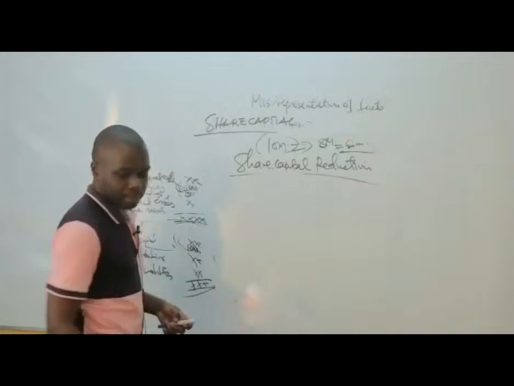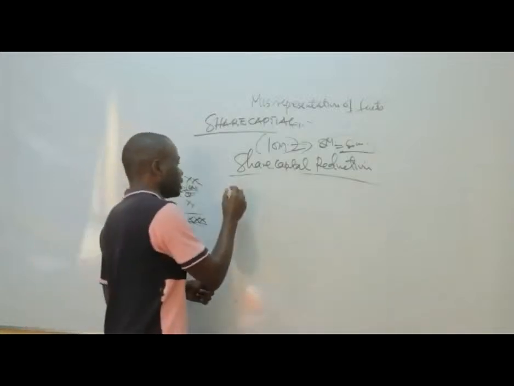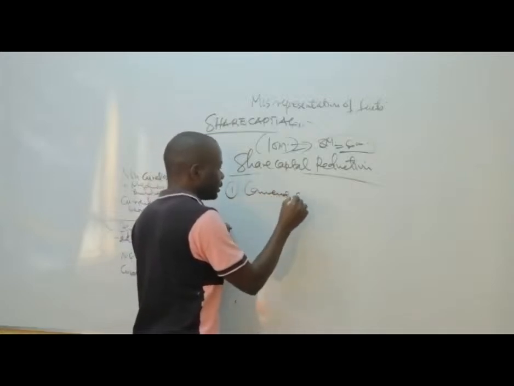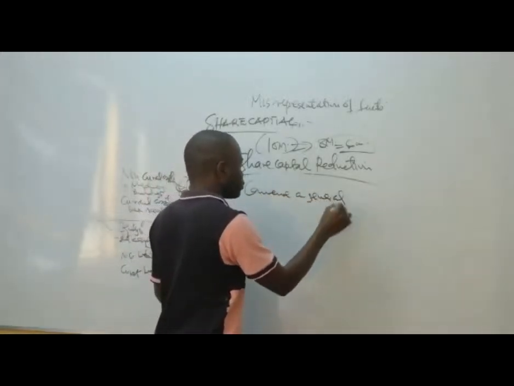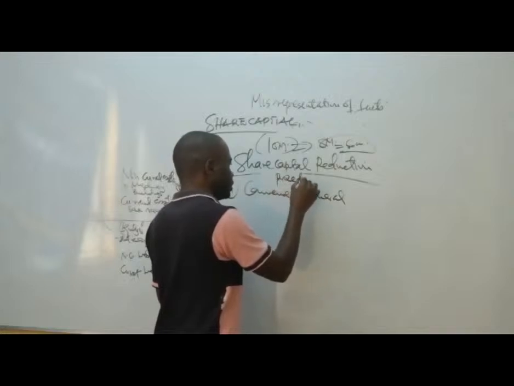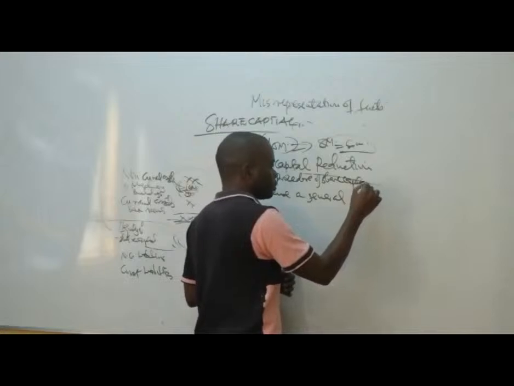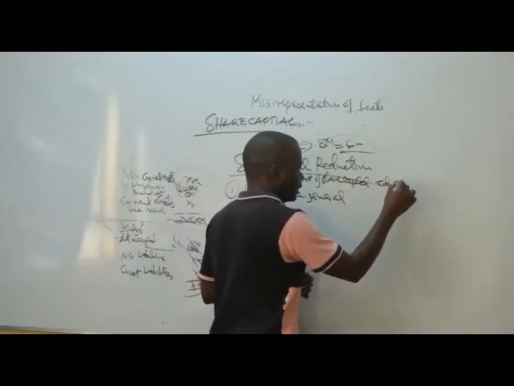So what will happen in the company? Number one, the company will convene a general meeting. This is the procedure of share capital reduction.